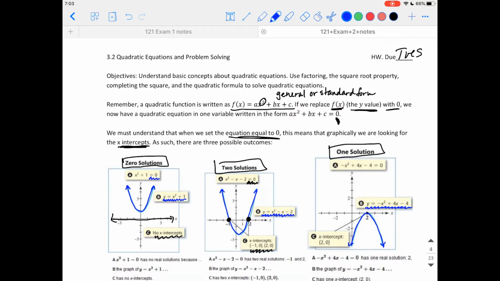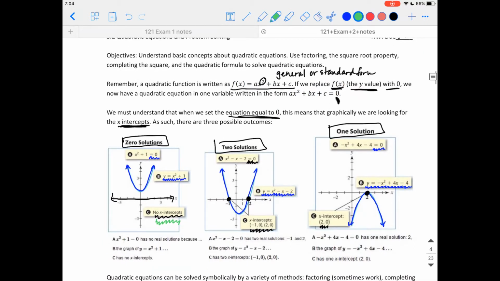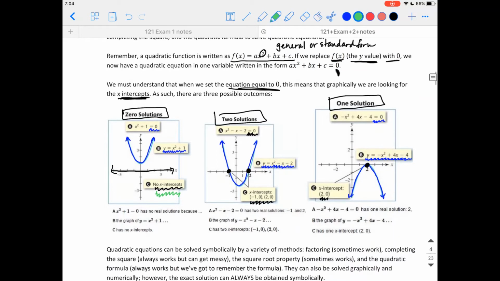And if you set it equal to 0, then you would just get this one x-intercept right here, which is 2, 0. When it doesn't have x-intercepts, we're going to say that graphically it doesn't have any, but later on we're going to say that it has 2 imaginary solutions. Just FYI.